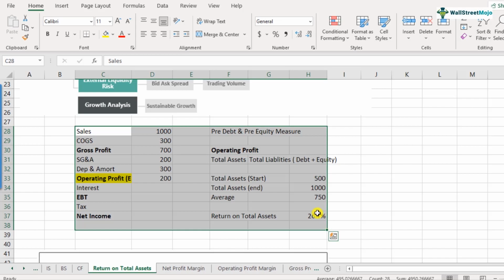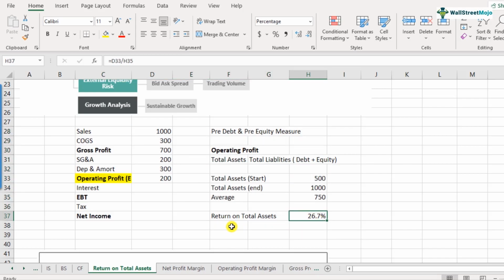Another interpretation of return on total assets is that obviously the higher the return, the better it is for the company. This means that the company is able to utilize its assets in a much better way to generate higher operating profit. A company that has a lower return on total assets, we'll assume, is not doing better comparatively, right?